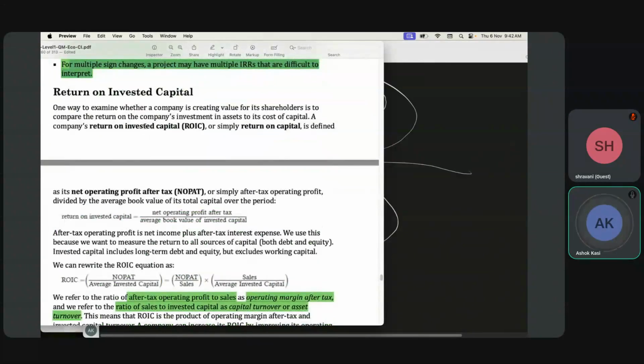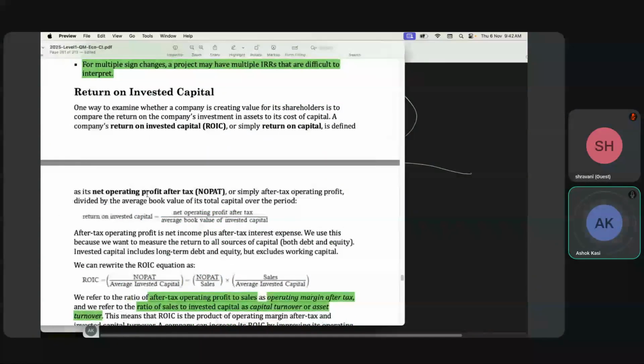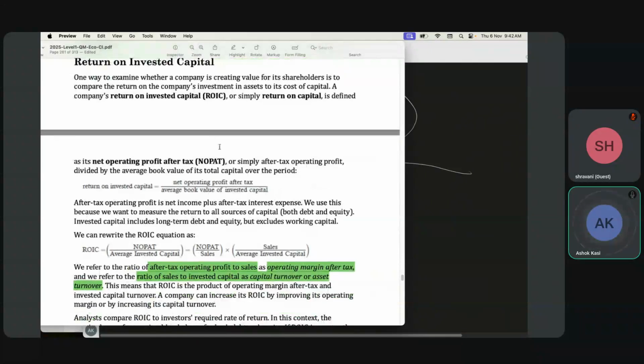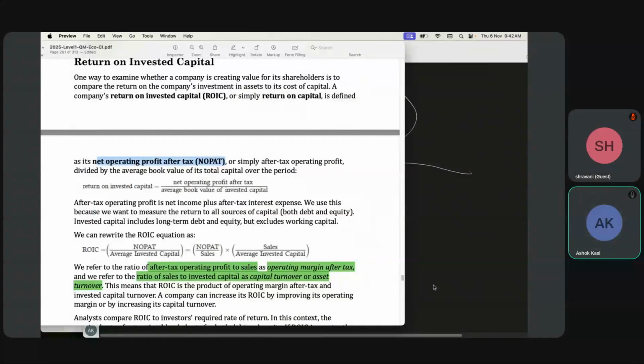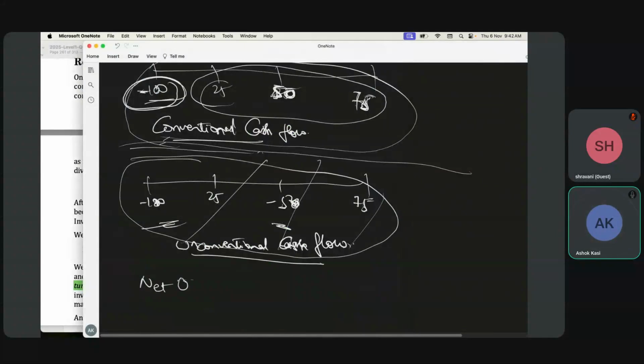Then return on invested capital. This is all direct formulas only. NOPAT means what? NOPAT is net operating profit after tax.